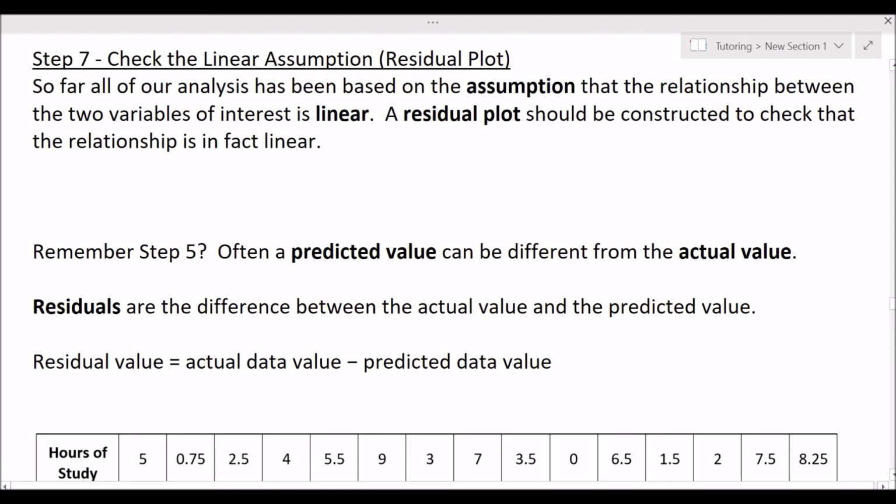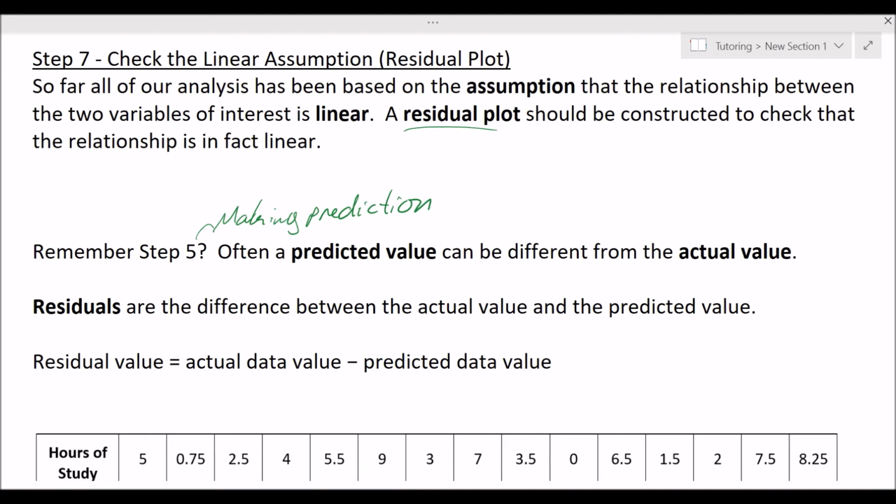Okay, so when I say residual plot, you're probably wondering, hang on, what's a residual? Okay, well, let me explain. If we go back to step 5, remember we were making predictions using our equation of the least squares line. And often what you'll find is the predicted value can be very different from the actual value recorded.